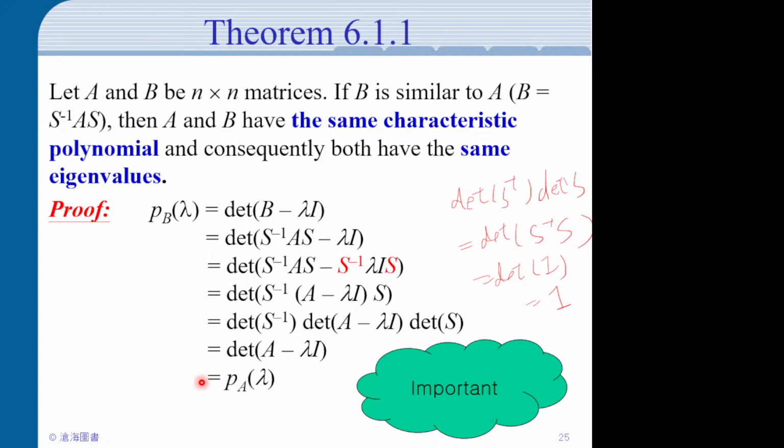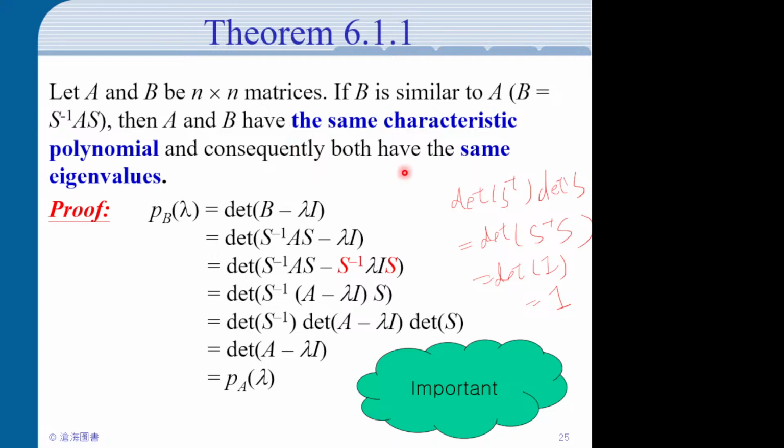And so those two matrices have the same characteristic polynomial, and so they have the same eigenvalues. But it's important to say they don't necessarily have the same eigenvectors. They can have different eigenvectors, but the same eigenvalues, because the characteristic polynomial only tells you about the eigenvalues.